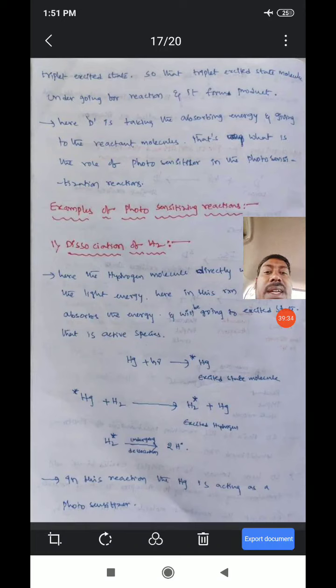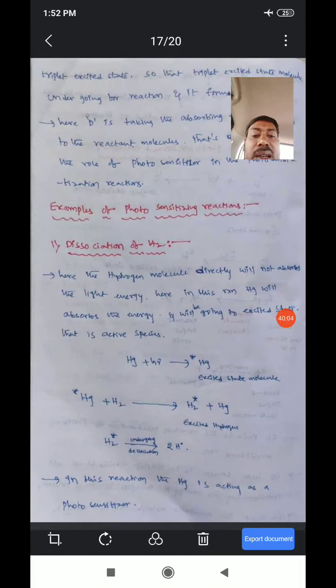The triplet excited state molecule undergoes reaction, and finally it forms products. So here D absorbs the energy and gives it to the reactant molecules. That is the role of the photosensitizer in photosensitization reactions.